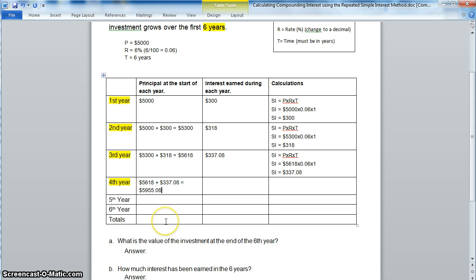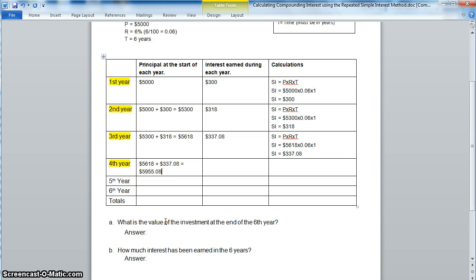This total would be the total amount of the principal at the end of 6 years, and this would be the total amount of interest over 6 years, which happens to be question A and B. What is the value of the investment at the end of the 6th year? That would be this total here. And how much interest has been earned in the 6 years? That would be this total here.